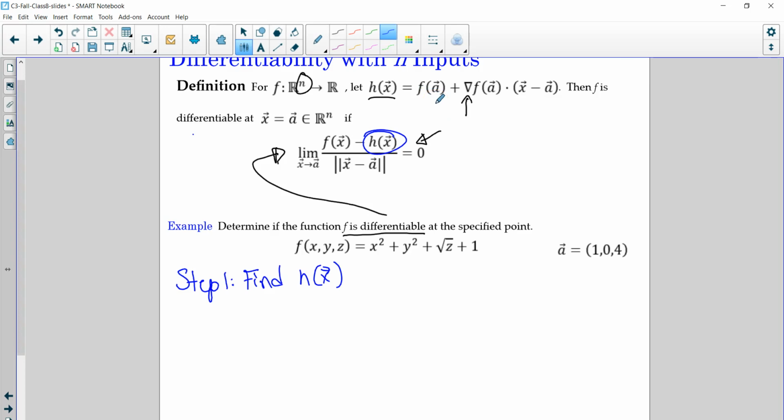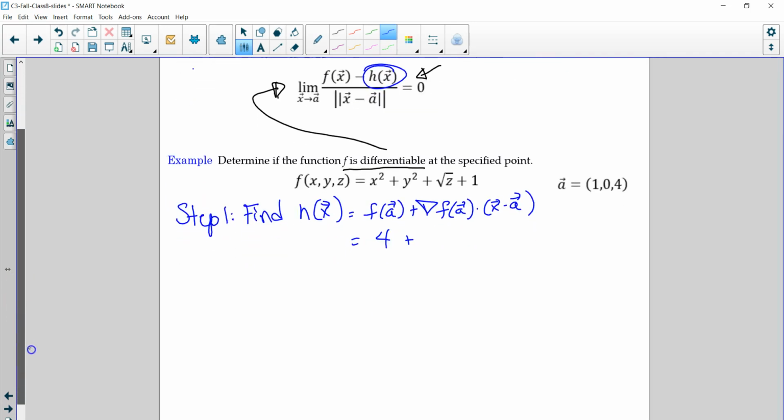Let's go ahead and do this piece by piece. f of a, and then plus the gradient of f at a dotted with x minus a. f of a, I believe you can calculate this out: 4, and then plus the gradient of f.